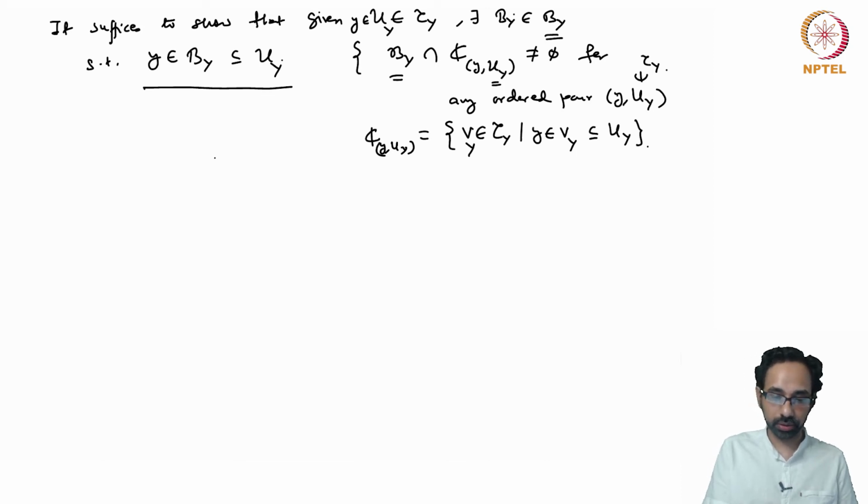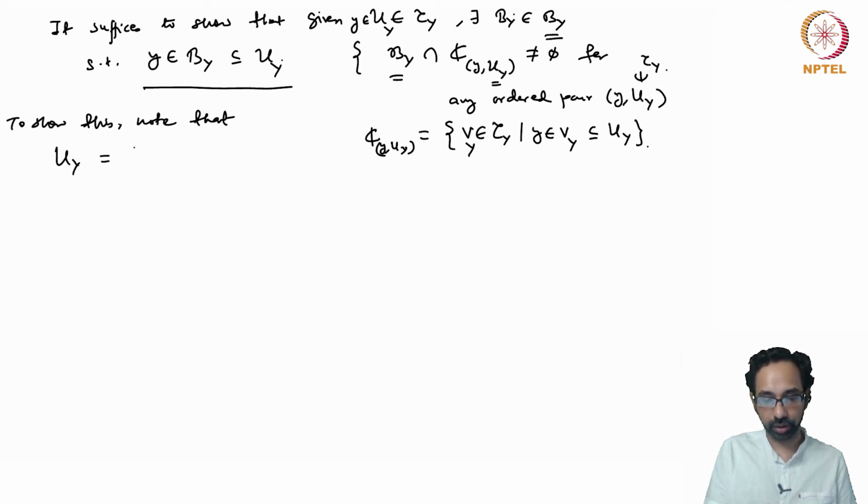So why is this true? To show this, note that U_Y itself is of the form U intersection Y for some U in the topology tau on X, right? This is how we define it.